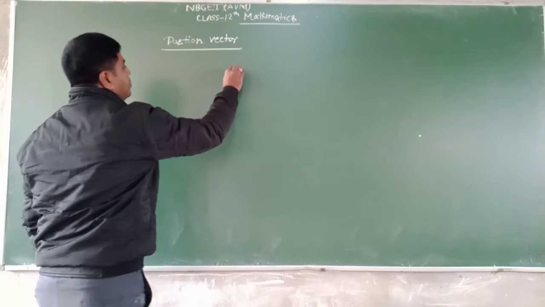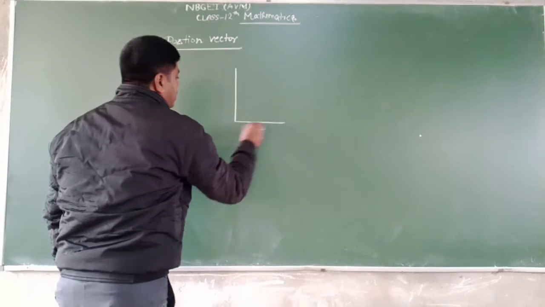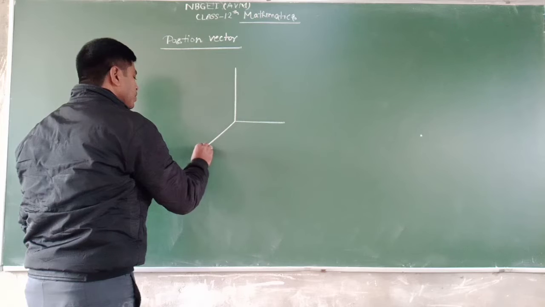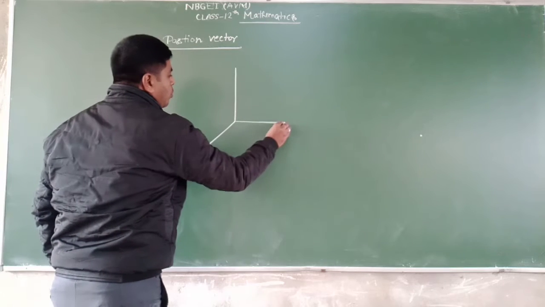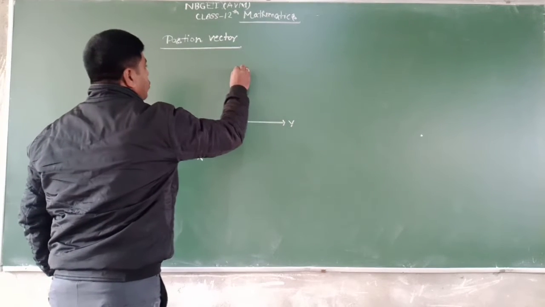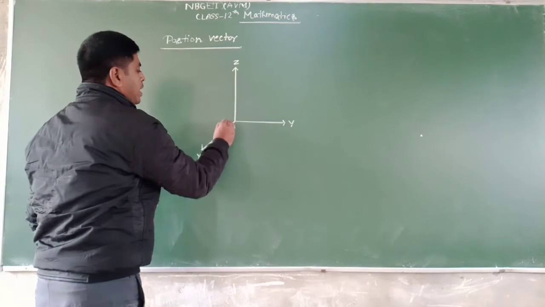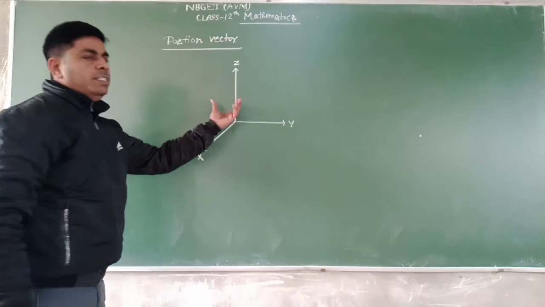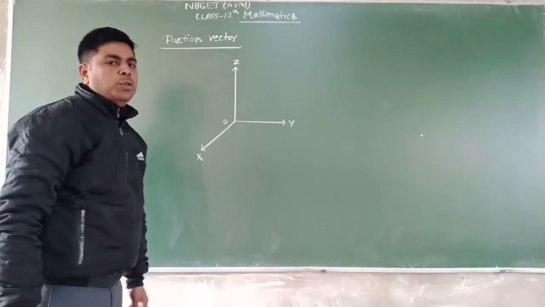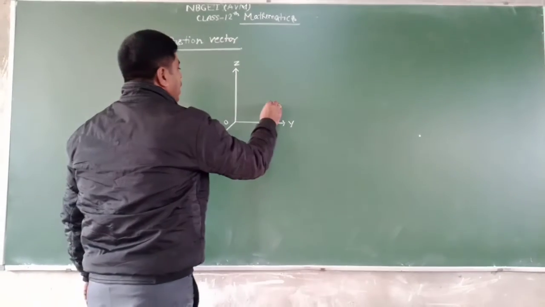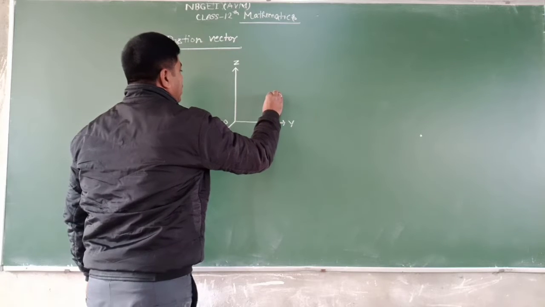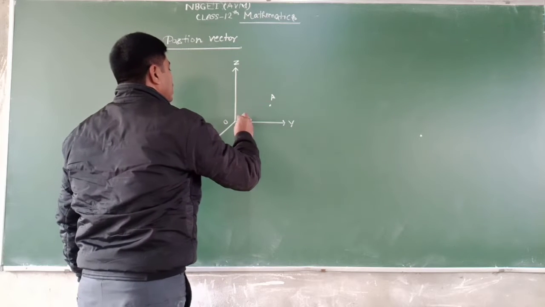Suppose we have these three axes, OX, OY and OZ. These are the positive axes, and this is the intersection of these axes, the point of origin, and there is a point A.